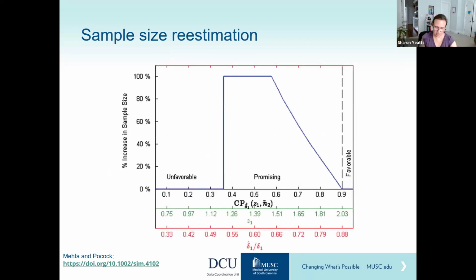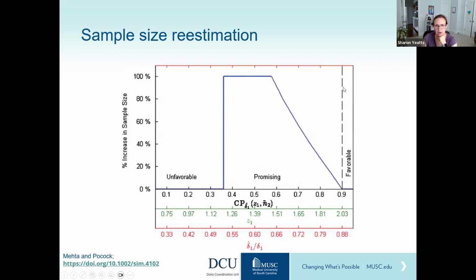There are study designs that allow you to re-estimate the sample size if you are uncertain as to what the minimum clinically important difference is, or if what you think is the minimum clinically important difference results in a size that might be infeasible. So this is referred to as a promising zone approach. And what it does is it allows you to conduct an interim analysis that looks at the effect size that you are currently observing, and it computes the conditional power associated with that effect.